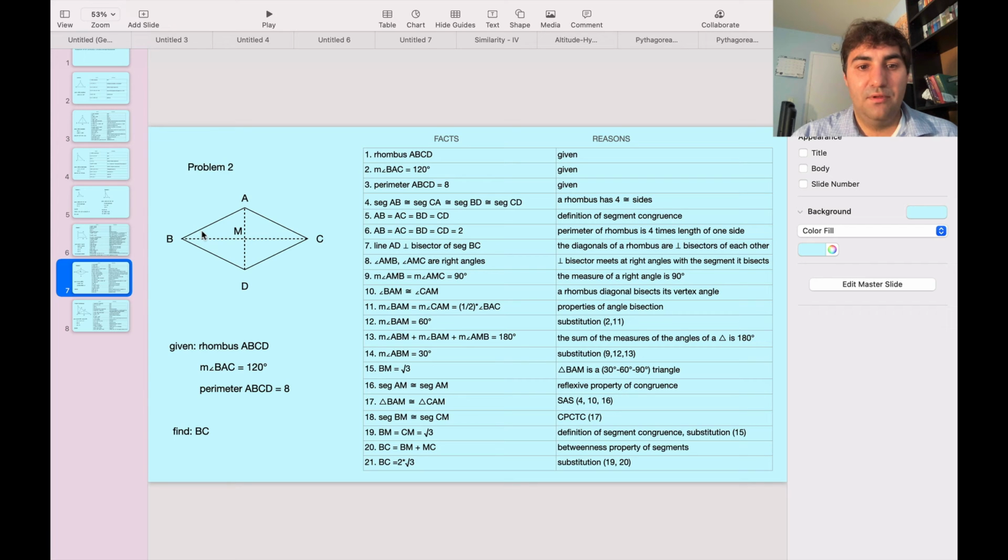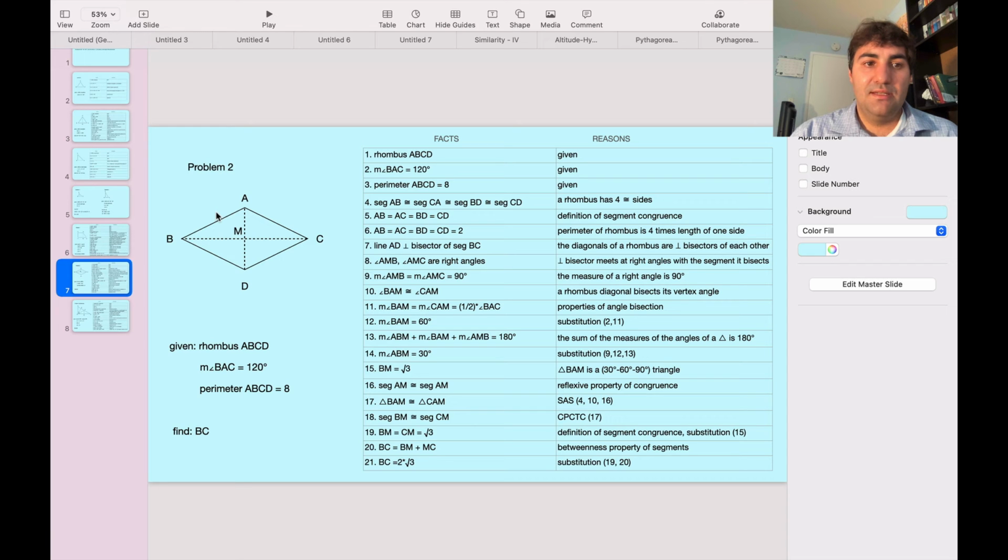So if we look at triangle BAM, we have a 30, 60, 90 triangle, so we can apply a ratio. We know that the length of AB is equal to 2, right?